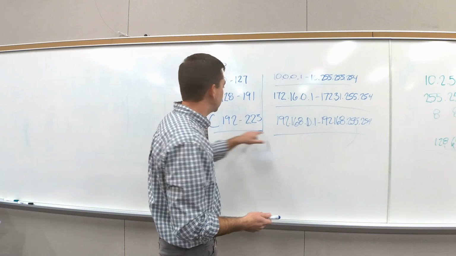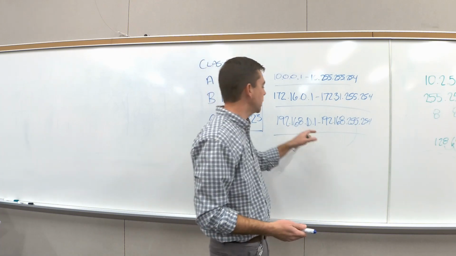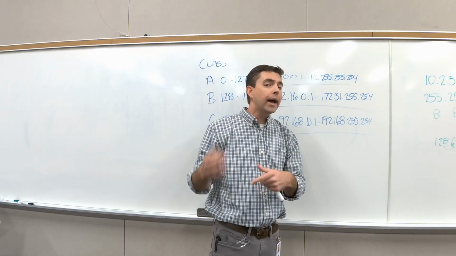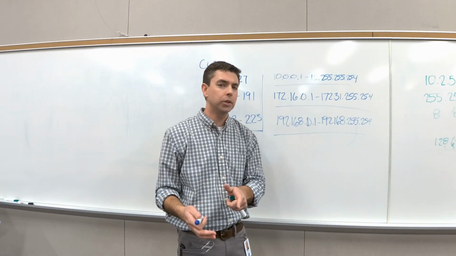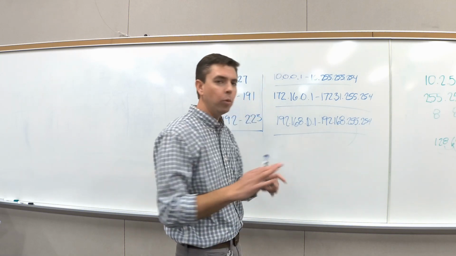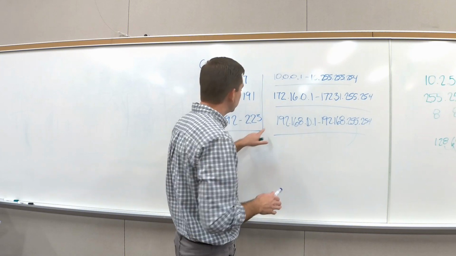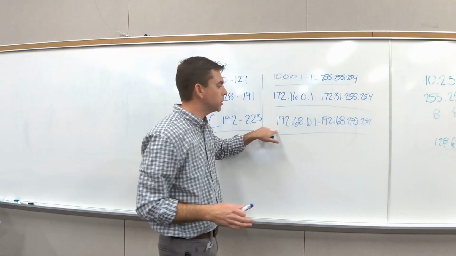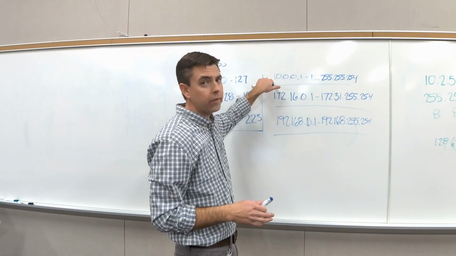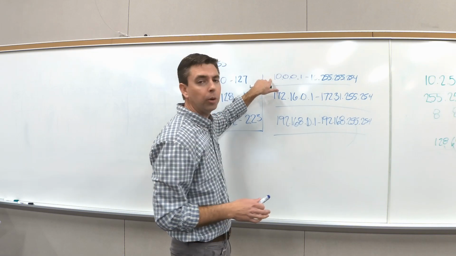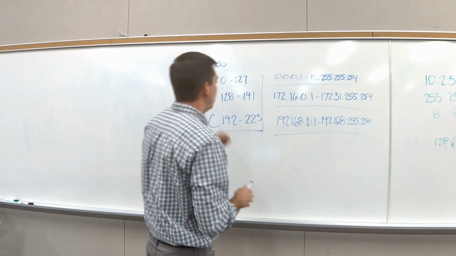Whereas down here, the Class C, the 192.168, only has 254 available hosts. And we'll get more into that later. So 254 available IP addresses down here for this particular class, and close to 7 million IP addresses available in the Class A range.